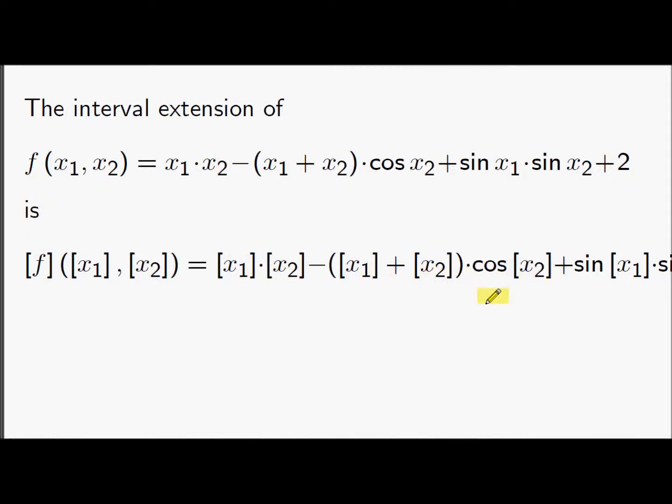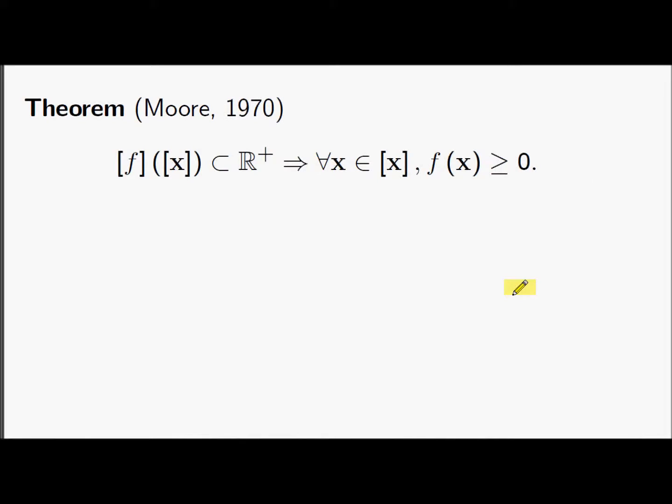So there is a Moore theorem, that will be explained now, which tells you that if the resulting image I obtain using interval arithmetic is positive, so if it is included in R plus, then I have a proof that for all x belonging to the initial interval, so in our example it was minus 1, 1, then the function will be positive.